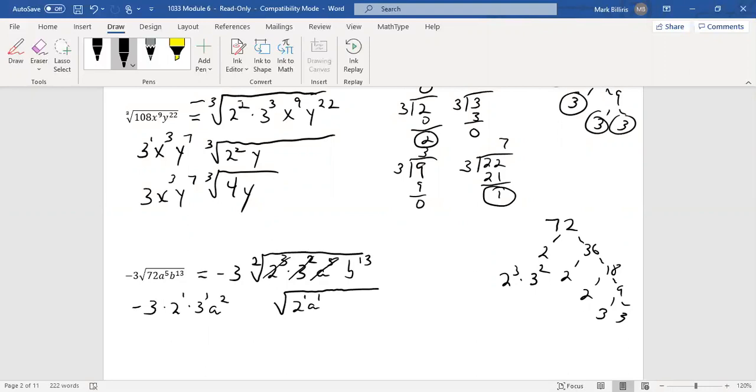And then for my 13, 2 goes into 13 6 times with a remainder of 1. So on the outside, I'm just going to multiply what I have. -3 times 2 to the first. So -3 times 2 is -6 times 3 to the first. So -6 times 3 is -18. A to the second, b to the 6th times the square root of 2ab.